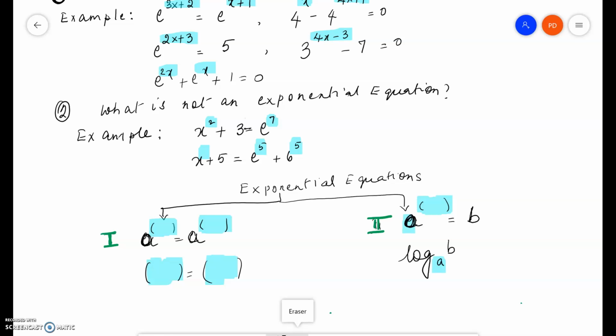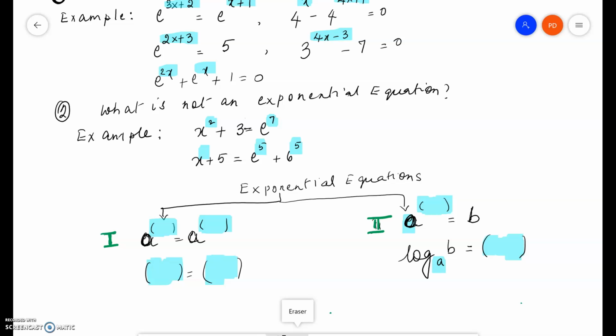The base of the exponent is the base of the log, and the log is equal to the exponent. So this is how you convert it to log form and then solve it.